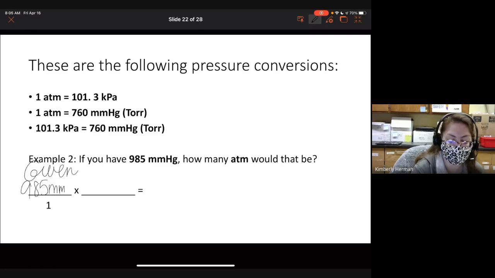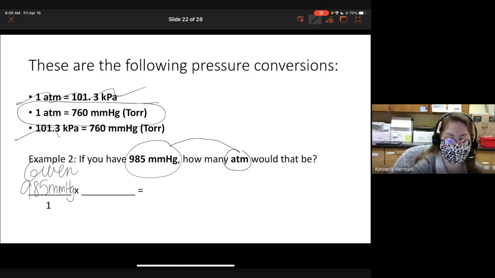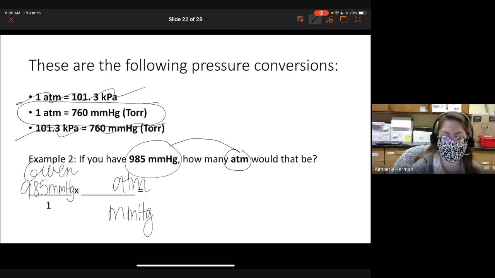So we're going to have 985 mmHg, and we're going to be going to atm. So we'll notice that's going to be our second one. So I can cross out the top and the bottom. I don't need it for this conversion. So I need my mmHg to end up on the bottom and my atm on top. So I find mmHg, and I see that it is 760. Thanks, Evangelista Torricelli.